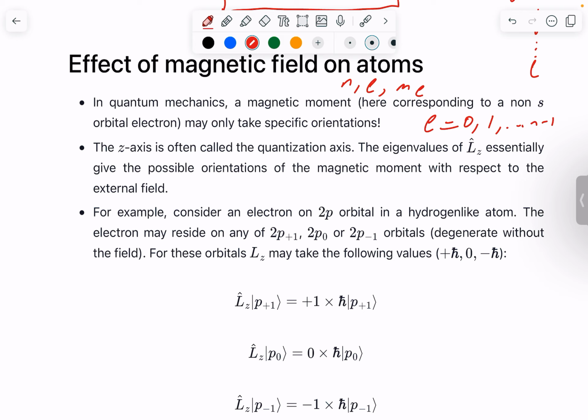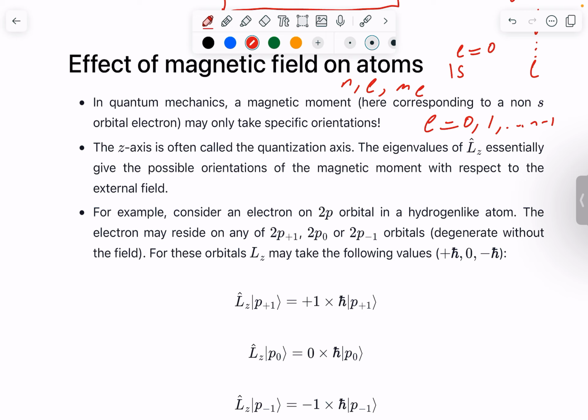So from here we can already make some predictions. If the electron is in an orbital characterized by the wave function 1s, or any wave function where L is equal to 0, then we expect to have no magnetic effects.